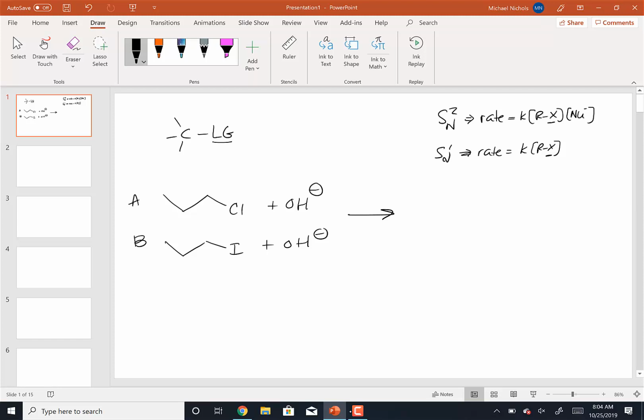Your choice would be either A or B or C, that they have the same rate.